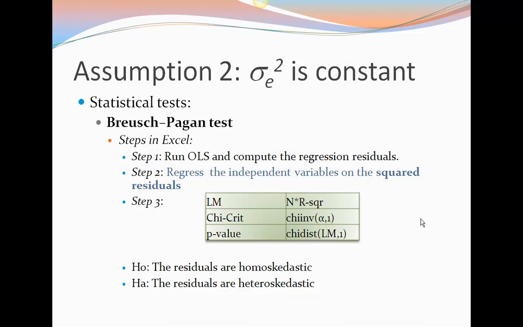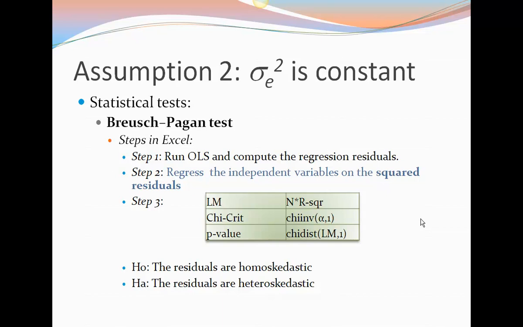And H0 is the residuals are homoskedastic, meaning there is no problem. And HA is the residuals are heteroskedastic, meaning that there is a problem. And the way that you're going to look at this, you're going to just examine the p-value, and you're going to get this p-value using the function CHIDIST, that BP statistic, comma, now here it says 1 because there's only one independent variable, but you would actually change that 1 depending on the number of independent variables that you have.